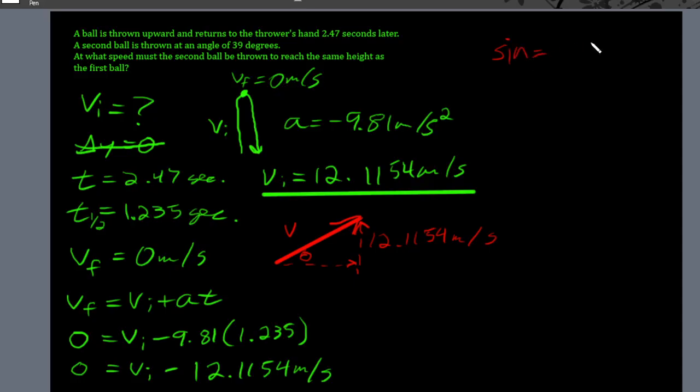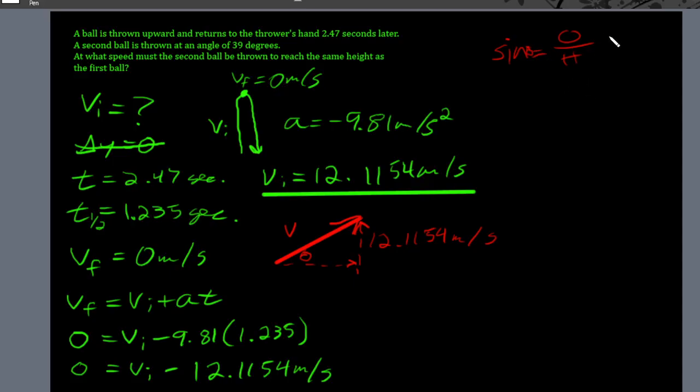So sine equals opposite divided by hypotenuse, and in this case, we're solving for hypotenuse.